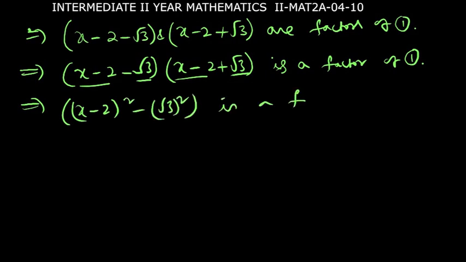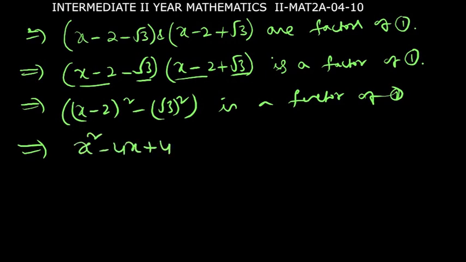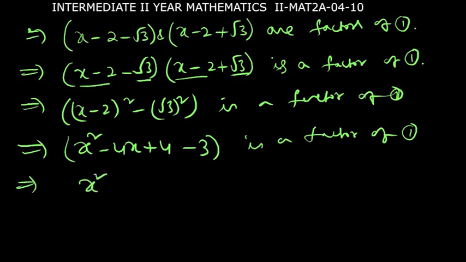So this is x square minus 4x plus 4 minus 3, which implies x square minus 4x plus 1 is a factor of the equation.